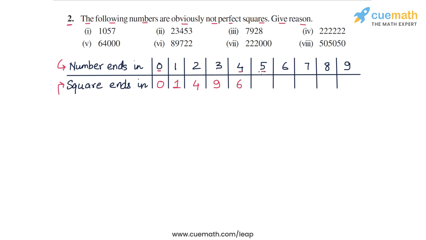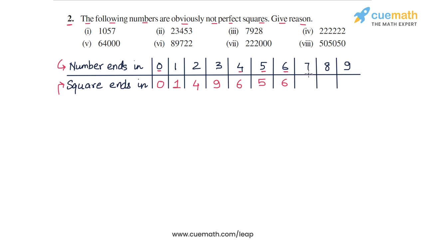If a number ends in 5, then the square of 5 is 25 and the unit digit of 25 is 5. So the square of the whole number will also end in 5. If a number ends in 6, then the square will also end in 6 because 6 square is 36 and the unit digit of 36 is 6.